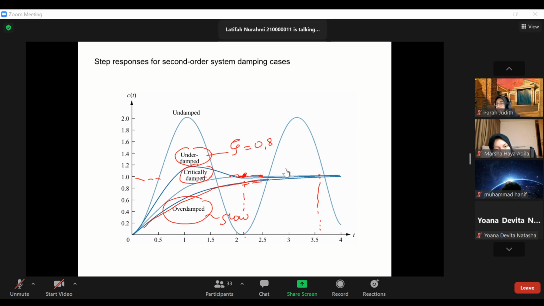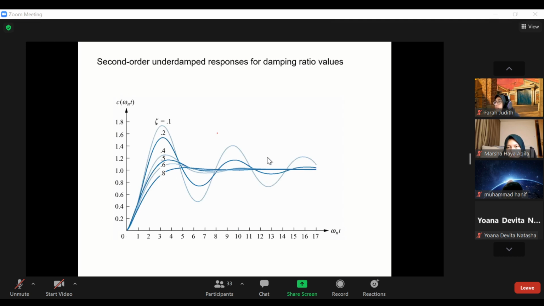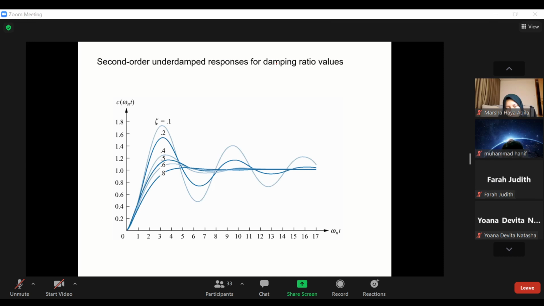Okay, so you see how those systems behave as zeta changes. Now let's focus only on underdamped. When you change zeta, how does this oscillation change? We start from the smallest zeta.